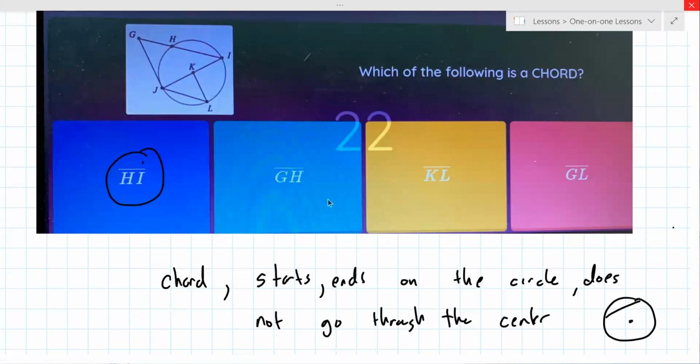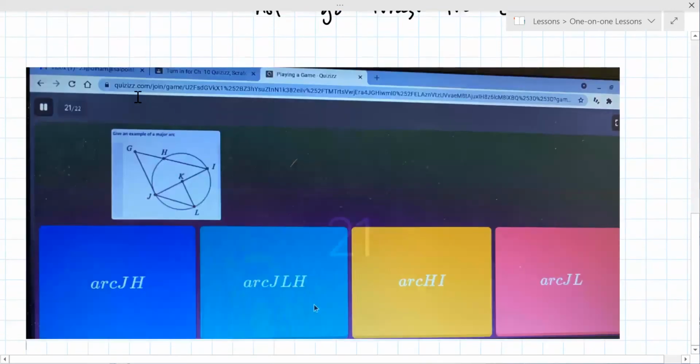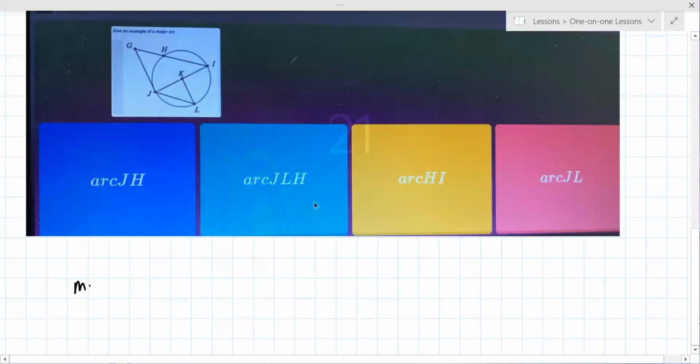Okay, pulling up the next question here. It says give an example of a major arc. So a major arc is one that has a measure that is greater than 180 degrees.